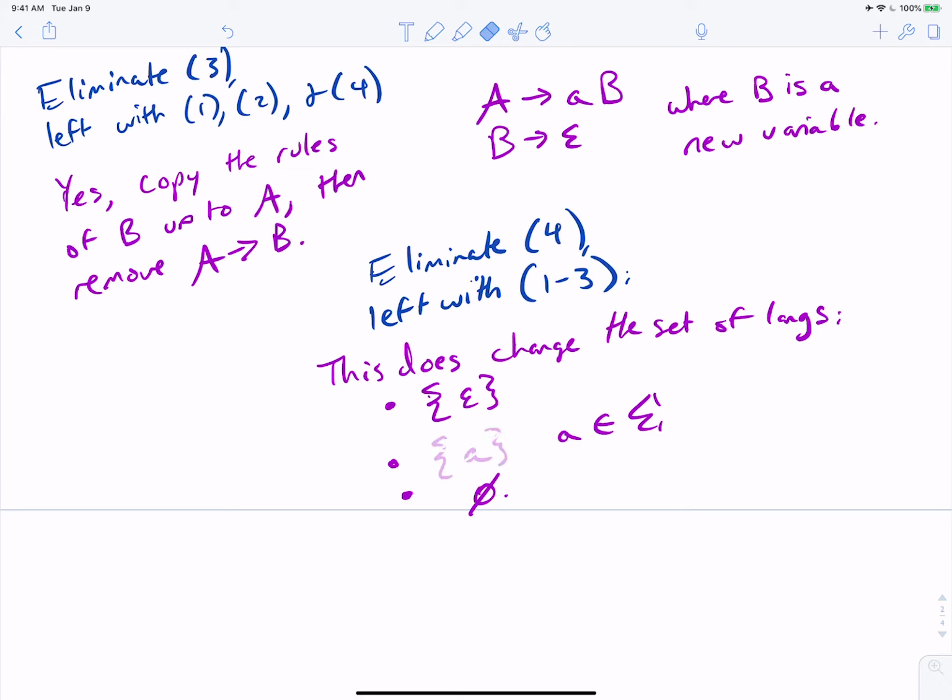Oh, actually, no, this is not quite right. So I should be more precise here. So this is really all the strings W, such that W is a terminal and any subset of this.